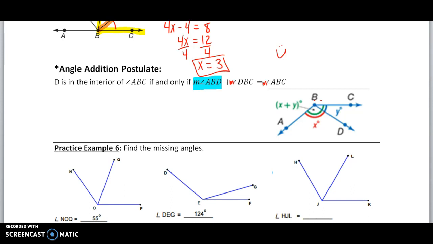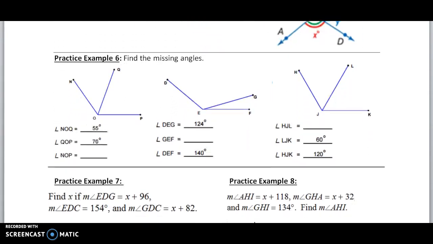Okay, so starting basic with our practice example 6, we just need to identify the parts. So I see angle NOQ, N to O to Q, this one right here, is 55 degrees. Then I'm given that angle QOP, the other smaller part, is 70 degrees. Notice these angles are adjacent.